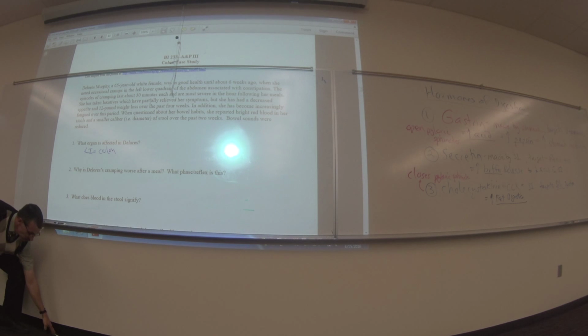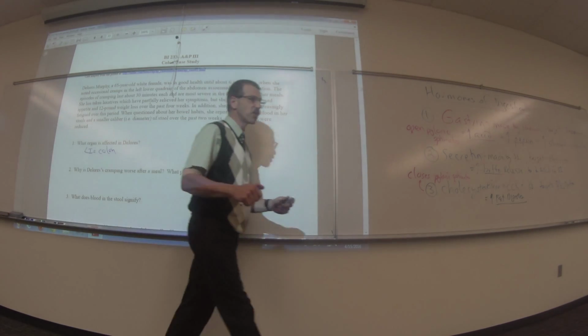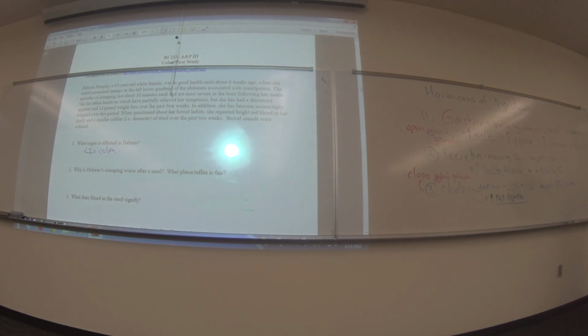All right, so now let's figure out why cramping is after a meal. Take a look at those 4 things over there and hazard me a guess why it's worse after she eats. She's pushing when? When does your large intestine push? After you eat. So this is number 4, that reflex, the colic reflex.